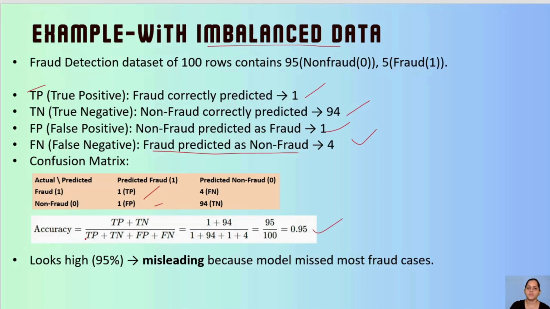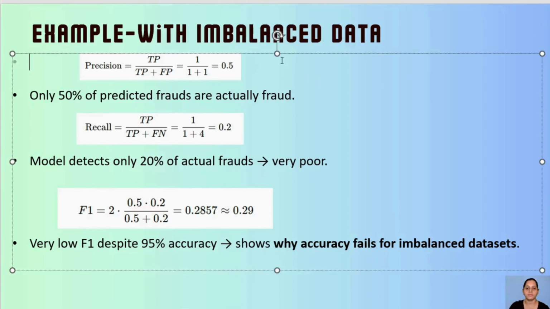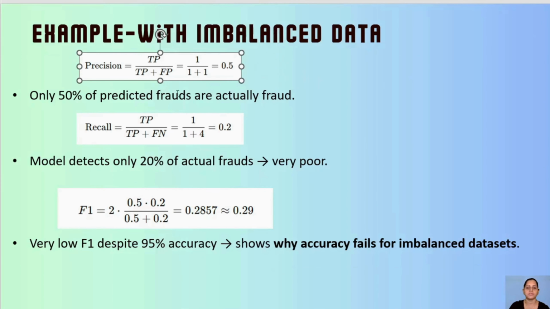Even though it is an imbalanced data set, I'm getting an accuracy score of 95%, which is really misleading because my model is going to miss most of the fraud cases. This is my precision: 50%, meaning only 50% of predicted frauds are actually frauds.